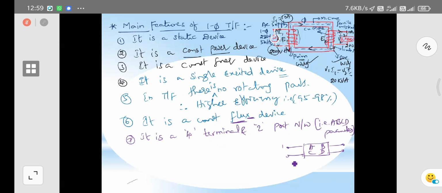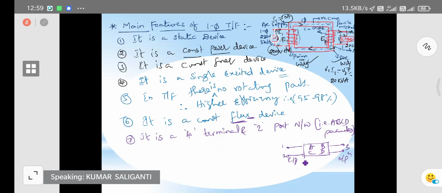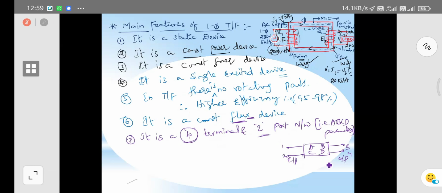This is the 4-terminal 2-port network. 2-port means this is the input port and this is the output port. So 4 terminals, input port and output port, this 2-port network.